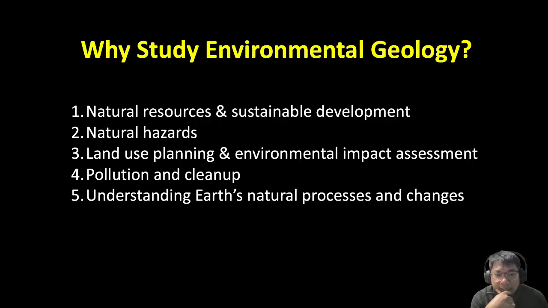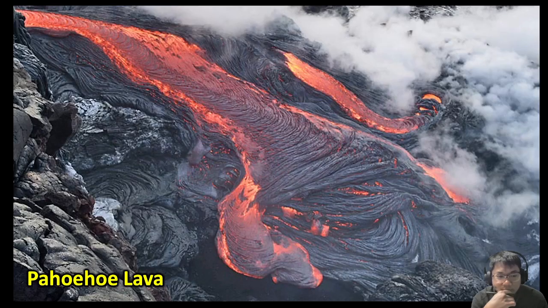and then the fifth, and I believe this will be the last reason why we need to study environmental geology, is to understand the Earth's natural processes and changes. I think for this point right here, I'm just gonna show you some pretty pictures of natural processes that are occurring on Earth. So, for example, here is pahoehoe lava.